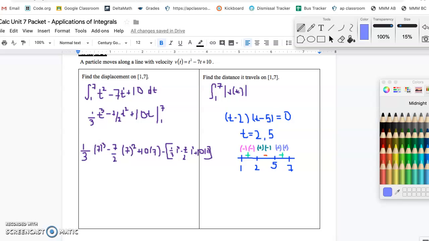Now, if I want to keep going with this, I know that I need to split this into 3 separate integrals: the integral from 1 to 2, 2 to 5, and 5 to 7.